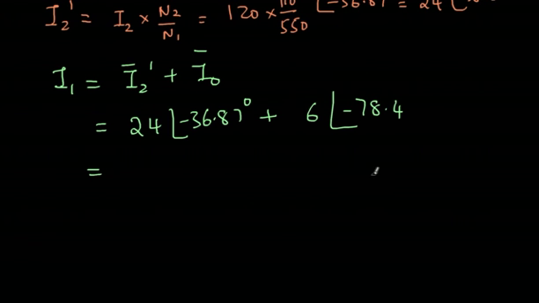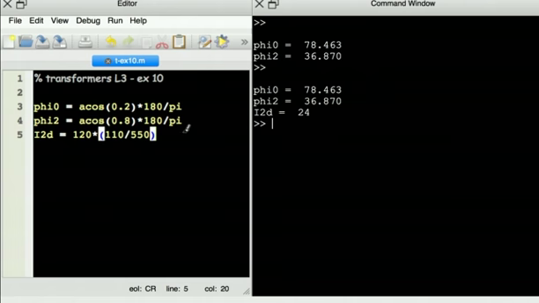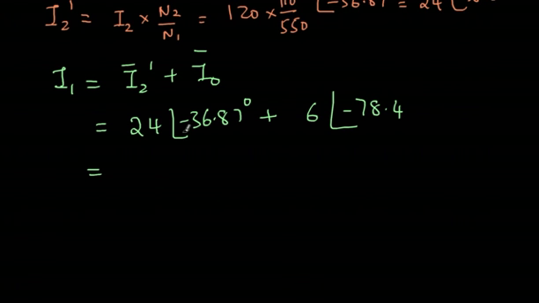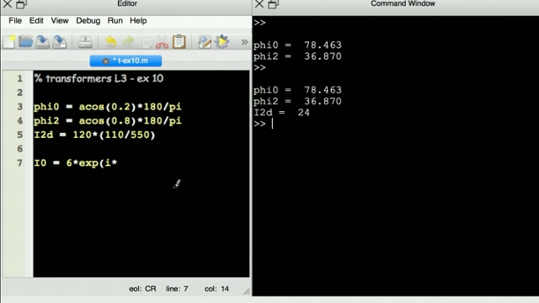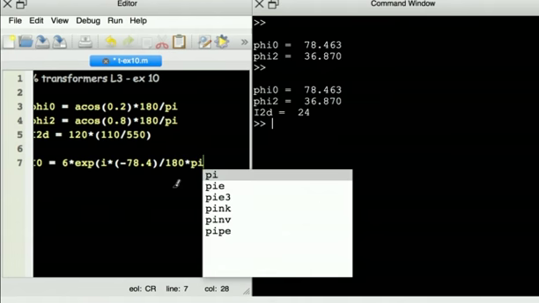For doing this, we need to represent these two as vectors. So I naught equals the magnitude 6 times exponent of i times the angle, minus 78.4. Here I convert it to radians, so divide by 180 and multiply by pi.